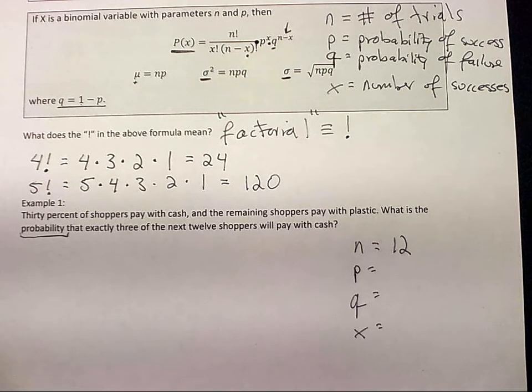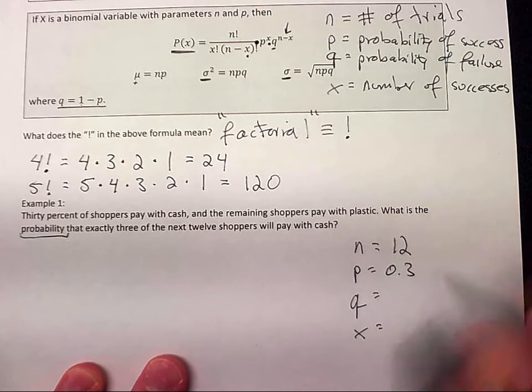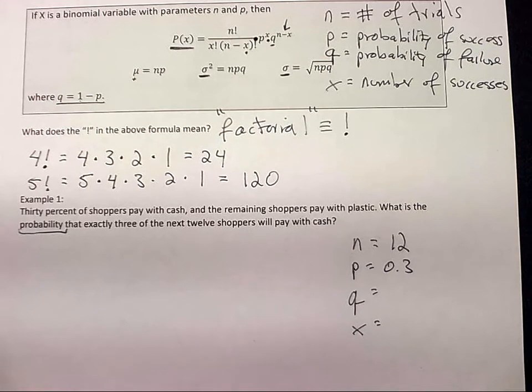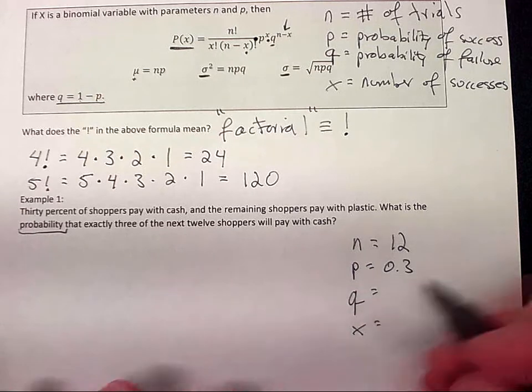That's what we're looking for, so that's what we're going to define as success. So if paying with cash is success, what's the probability of success? 30%. Everybody go with this? Well, if the probability of success is 0.3, what's the probability of failure? 0.7.